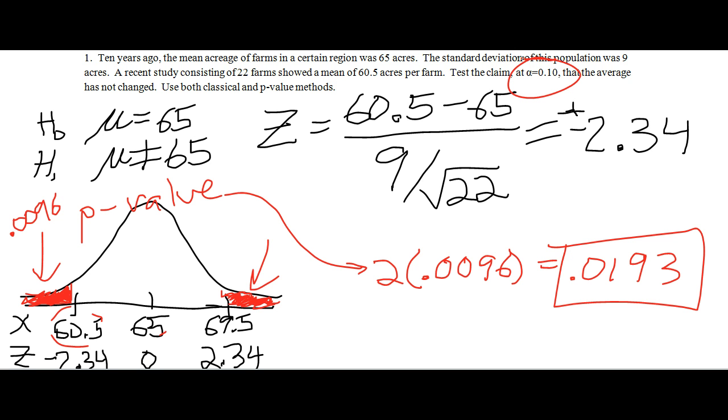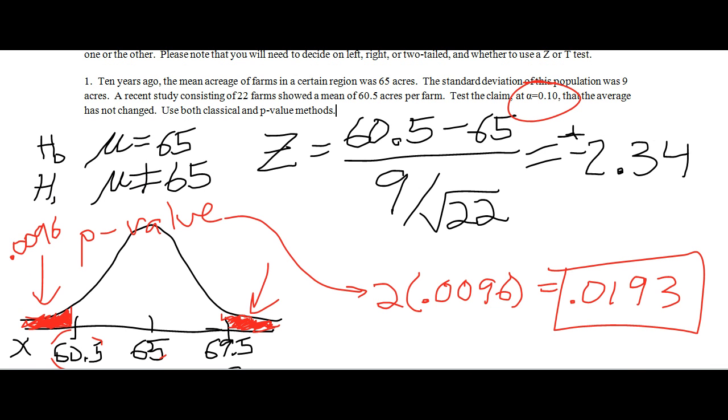So I'm going to say that our alpha level of 0.10 means that for us to reject our null hypothesis, for us to say that no, this value is too extreme, I need to have a 0.1 probability or less of incorrectly rejecting the null hypothesis, because that's what a type 1 error is. Because I got a p-value of 0.0193, if I reject this null hypothesis, my probability of a type 1 error is less than 0.10.